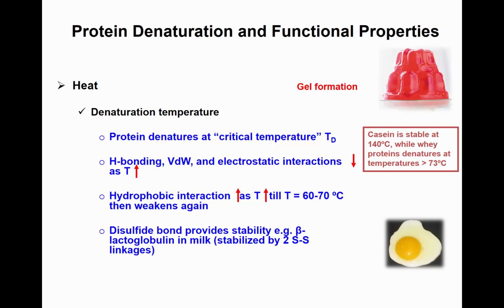And if you have disulfide bonds in a protein, you need more heat to denature it than another protein that has no disulfide linkages. Again, the example I gave last time: beta-lactoglobulin versus albumin in whey protein. Albumin doesn't have disulfide linkages, so it requires a lower temperature to denature.